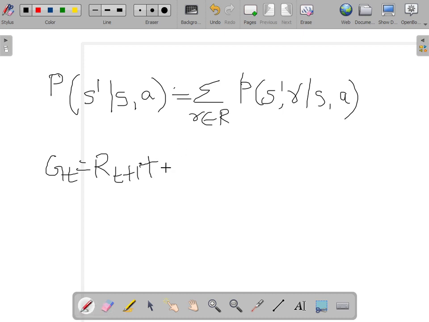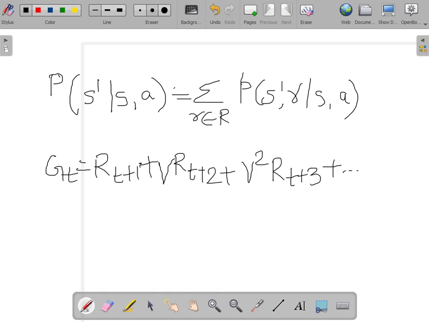Along with this r, we are using gamma here, and I'll let you know what this gamma refers to. As the time gets incremented, we have t plus 1, then gamma times r of t plus 2, plus gamma square times r of t plus 3, and so on.